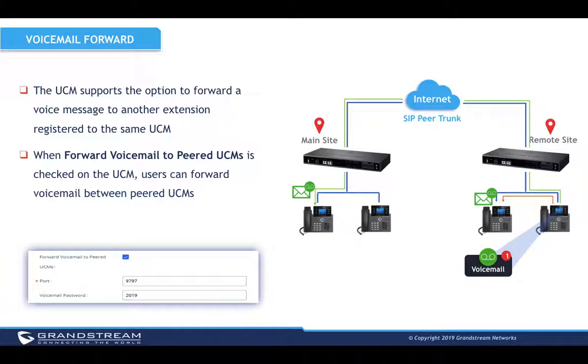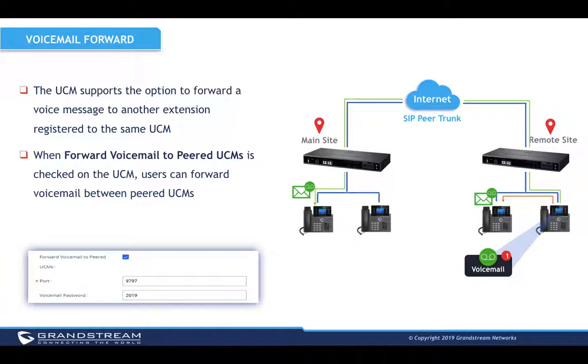This is the voicemail forward. In the case where you have two UCMs paired together, for example, site A and site B, and each site has the ability to call each other, to be able to forward a voicemail from site A to site B, you need to access each UCM under the voicemail settings and check forward voicemail to paired, and the port must match between the two UCMs.